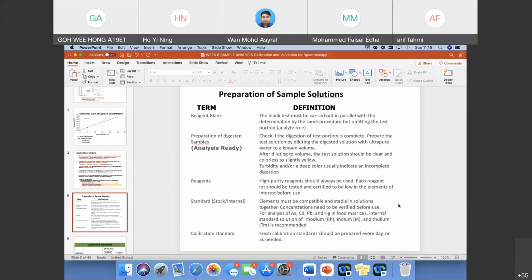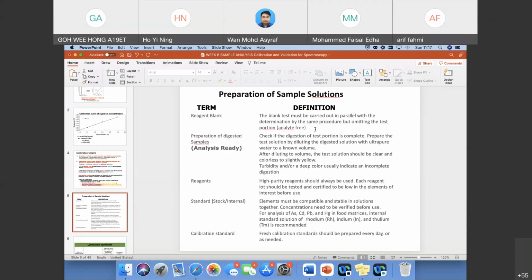Okay. So basically, reagent blank here is defined as that. Blank means that your matrix is analyte free. The blank test must be carried out in parallel with the determination by the same procedure but omitting the test portion.